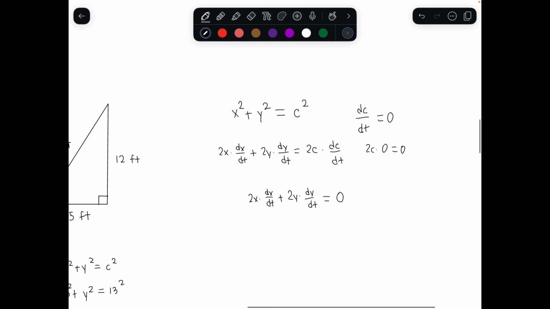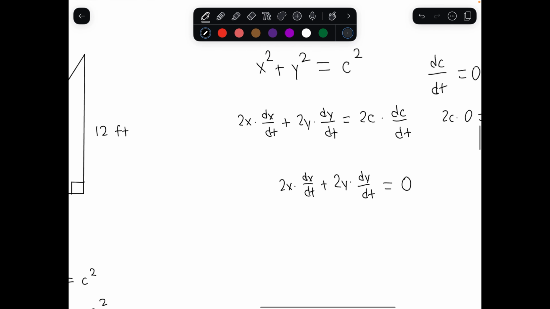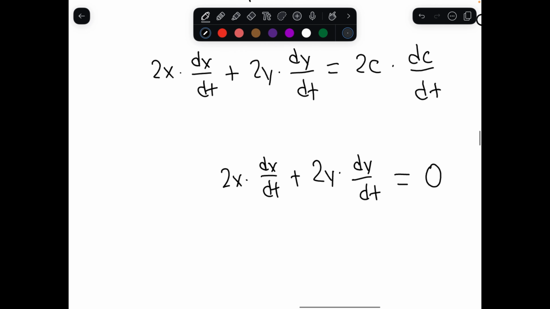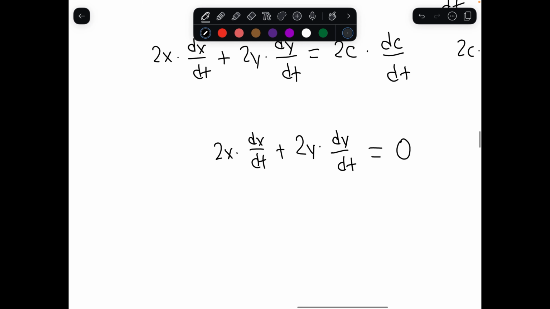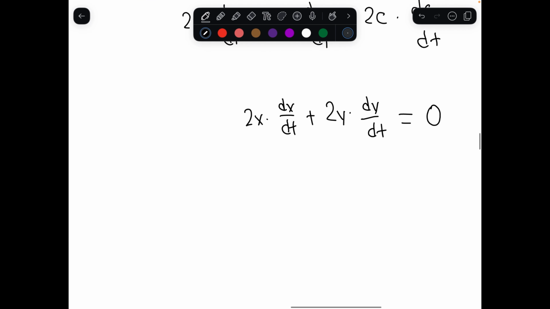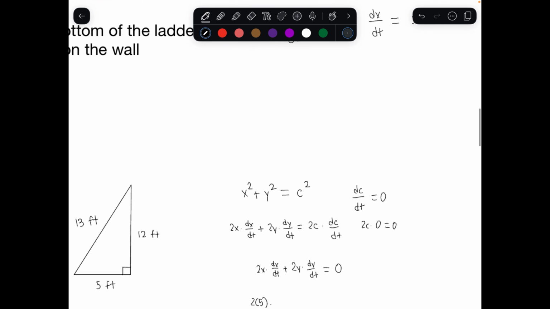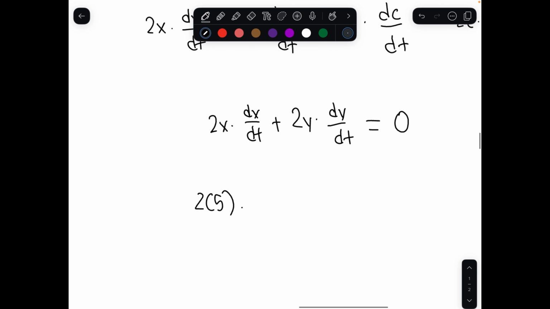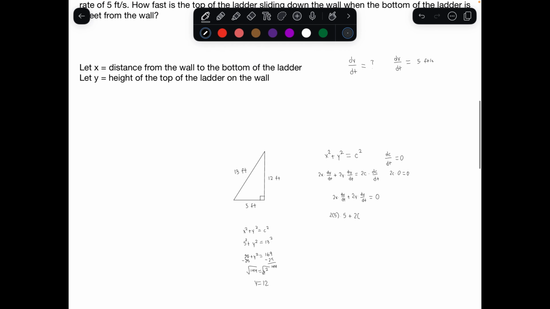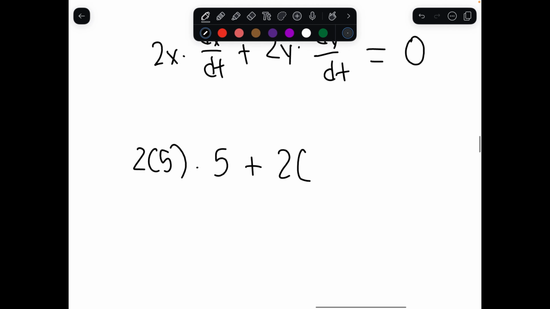And now we can plug in our values for x, dx/dt, and y, and we can solve for dy/dt. So we know x is 5 feet. So 2 times 5 times 5, because dx/dt is 5 feet per second, plus 2 times y, and we figured out that was 12.